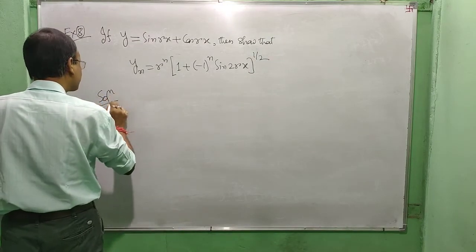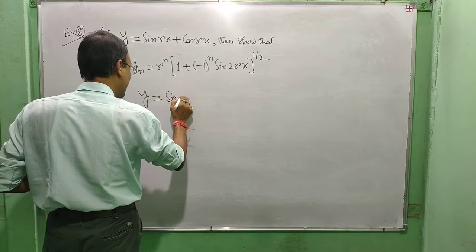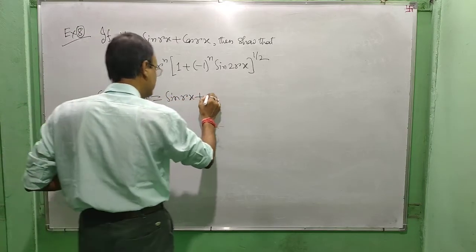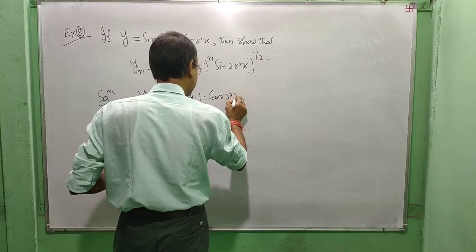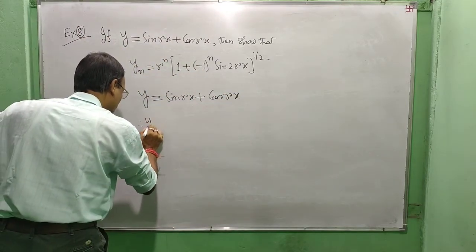Solution: y is equal to sin Rx plus cos Rx, this is given. Therefore, yn is equal to r to the power n sin(n pi by 2 plus Rx) for this, and the nth differentiation of cos Rx is r to the power n cos(n pi by 2 plus Rx).